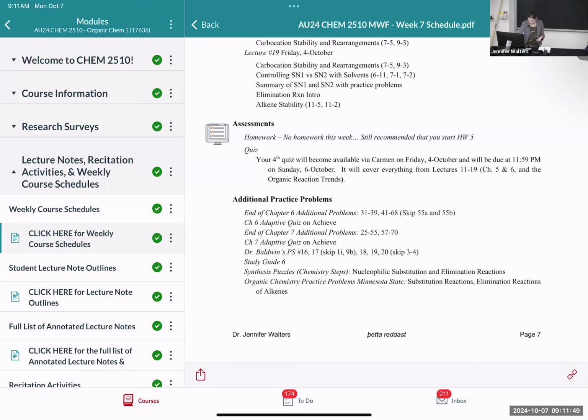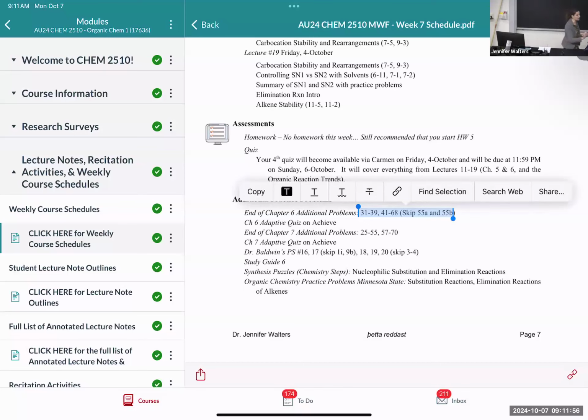Whether it be the end of chapter problems, if you like the end of chapter problems, awesome, keep doing them. But remember that the solutions to the end of chapter problems are in the separate book where you get the full worked solutions. So if you don't want to look at a separate book, then maybe don't do the end of chapter problems.